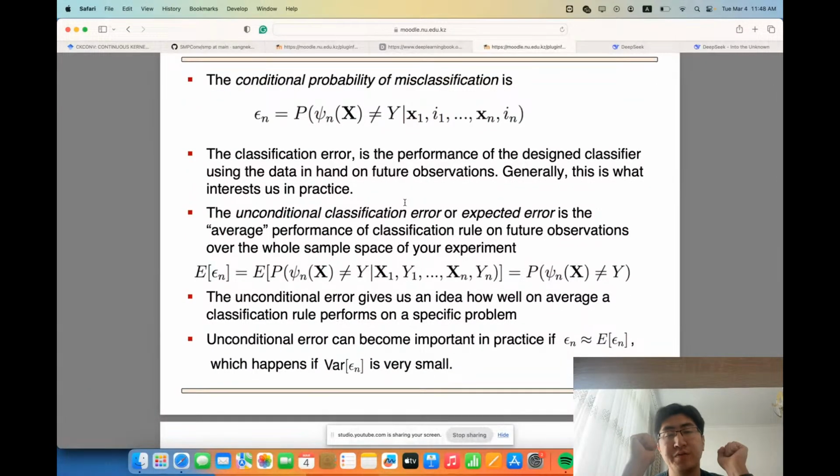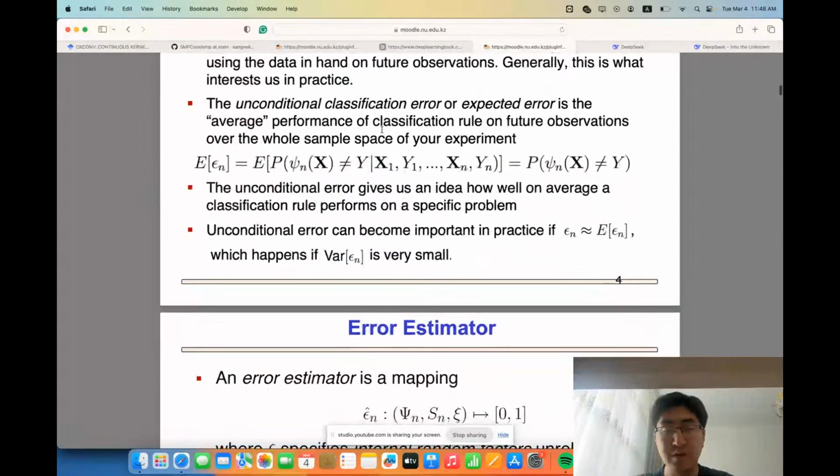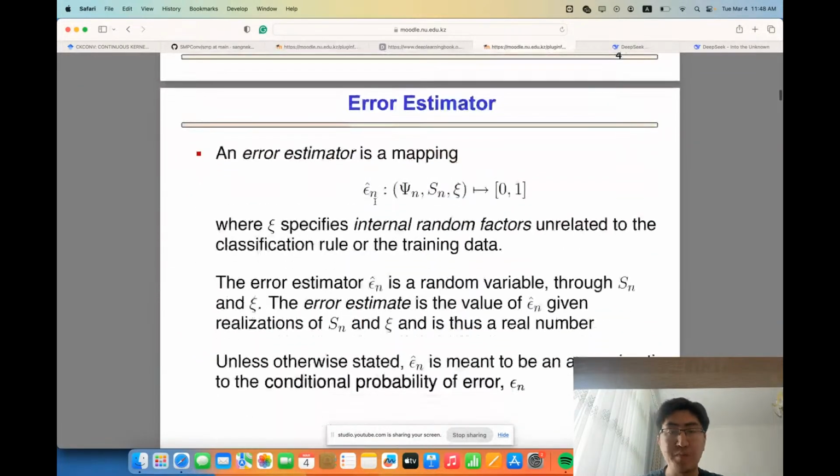However, the conditional classification error is more important because it's the expected error, the average performance of a classification rule on future observations, or the whole sample space of your experiment. The conditional error gives us an idea how well, on average, a classification rule performs on a specific problem. Unconditional error can become important in practice if the variance is very small.